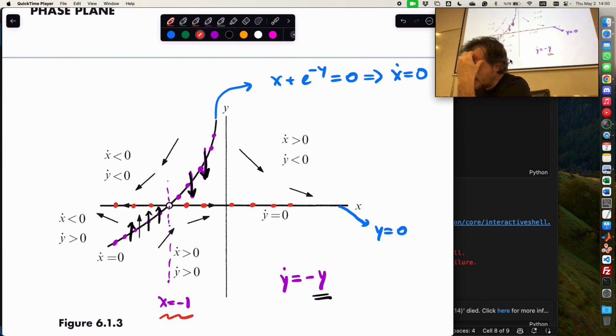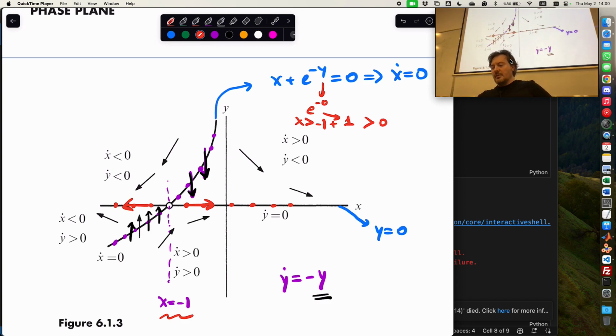First of all, y is 0, right? y is 0 on top of this, so e to the minus 0 is 1. And if I am greater than minus 1, this one plus this one is greater than 0. So I'm pointing to the right here, and I'm pointing to the left here.